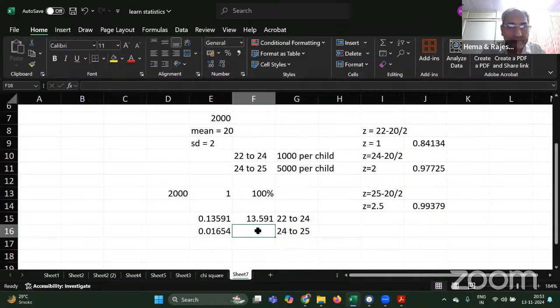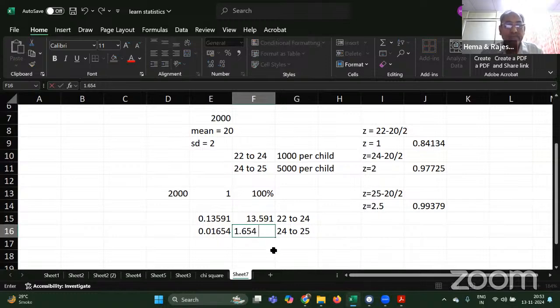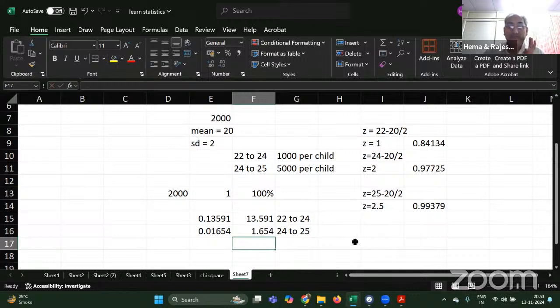Or you can call it 1.654%. Now you apply this to the 2000.